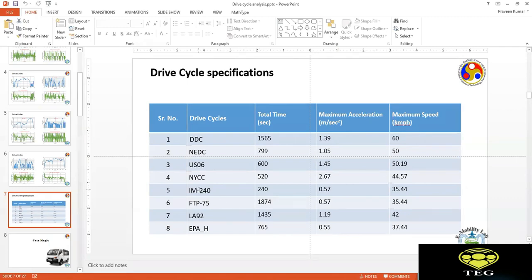Similarly, comparable to the Delhi drive cycle was the New York City cycle, where the duration was around 520 seconds, but the maximum acceleration was around 2.6 meters per second squared, and the maximum speed was around 44 kilometers per hour. So if you see all these drive cycles, the maximum acceleration that you can experience is for the New York City cycle, whereas the maximum speed that you experience is for the Delhi drive cycle. Okay, so these are some of the contrasts which come out.